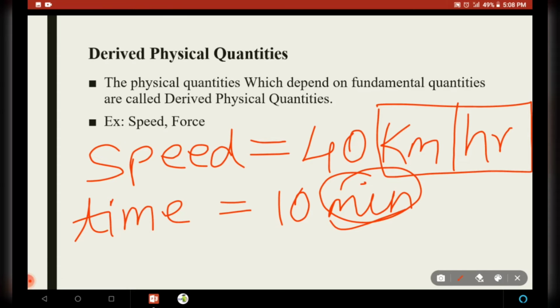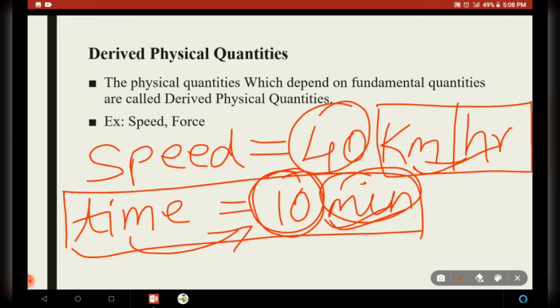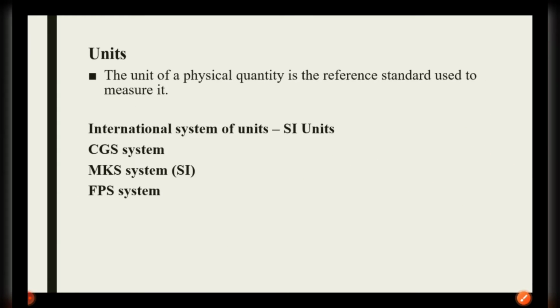These are called units. Without these two, these are just numbers. There is no relation between time and this number. If we have to make this meaningful, then we have to use these two, minute and kilometer per hour. They are called units. Then what is a unit? Let us see about it.